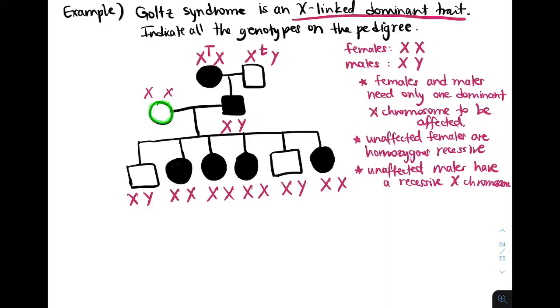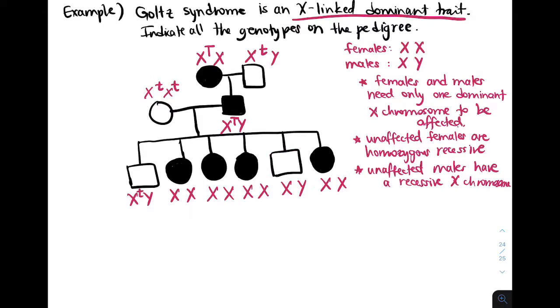In the second generation, this female is not affected. Therefore, she has 2 recessive chromosomes. This male does show the trait, so he has 1 dominant allele. In the third generation, this male is not shaded in, so he's unaffected and has a little t allele.